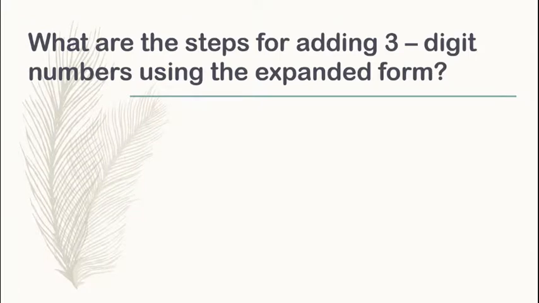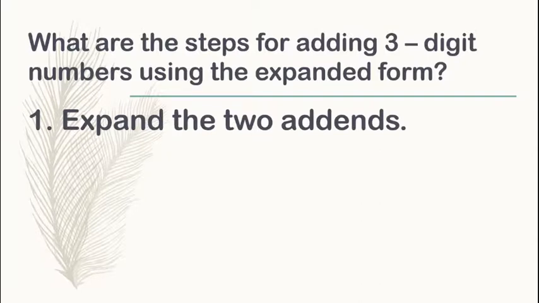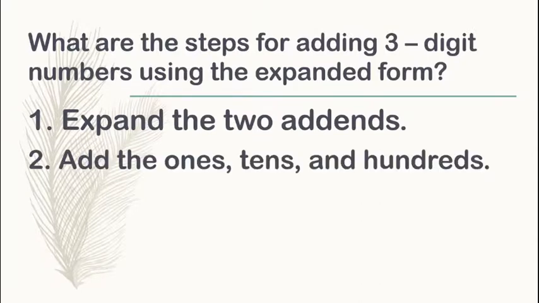So what are the steps for adding 3-digit numbers using the expanded form? Always remember the steps. Expand the two addends, then add starting from your ones, then tens and hundreds.